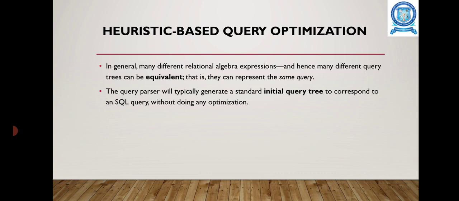In general, many different relational algebra expressions, and hence many different query trees, can be equivalent. That is, they can represent the same query. The query parser will typically generate a standard initial query tree to correspond to an SQL query without doing any optimization.